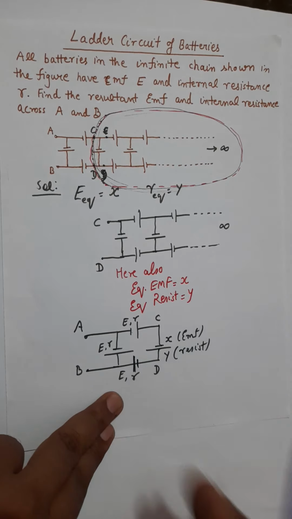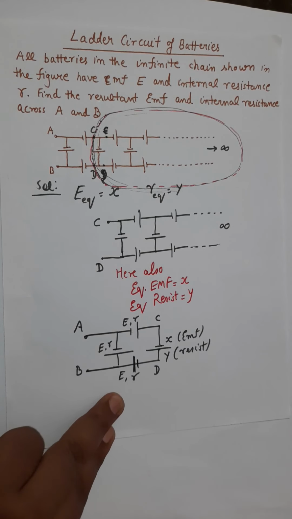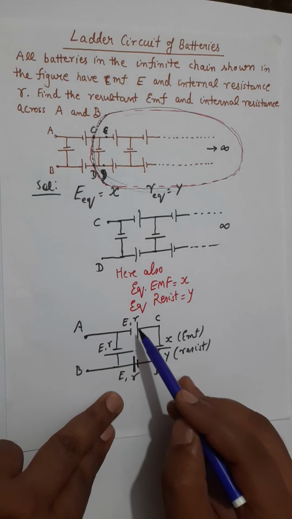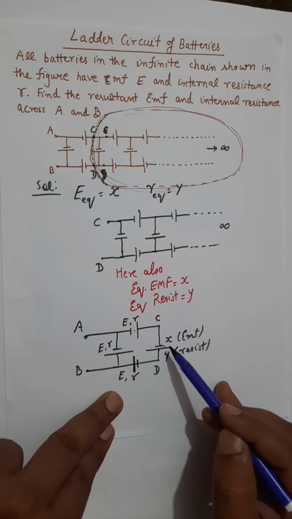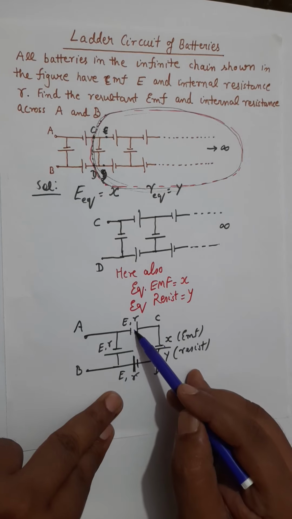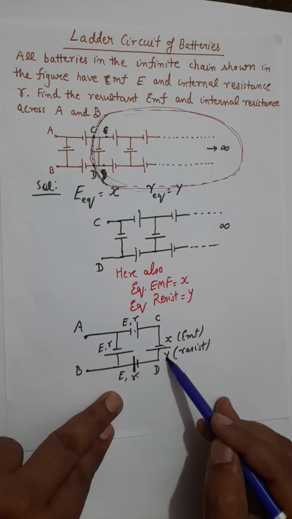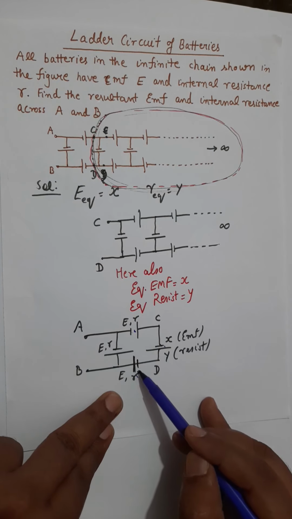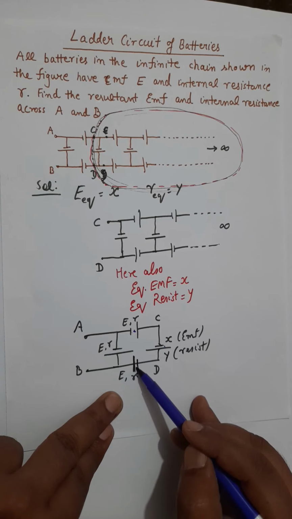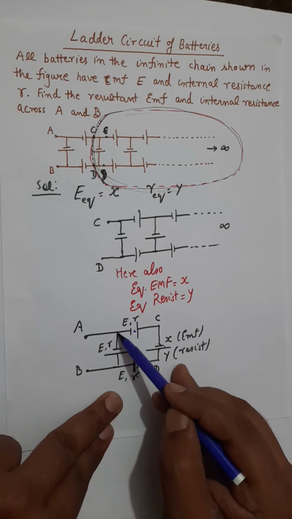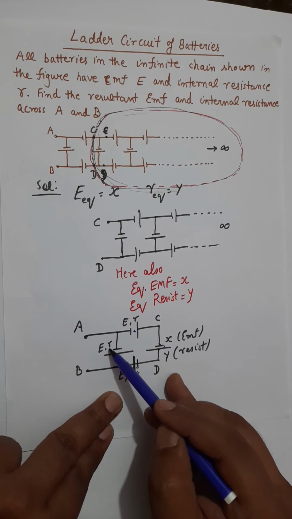So now if you solve the equivalent resistance through the series and parallel combination, here the resistances are this Y and this R, this R, R and this Y. These three resistances are in series, and the combination of these three resistances is in parallel with this resistance small r.